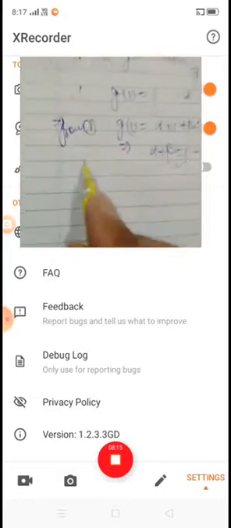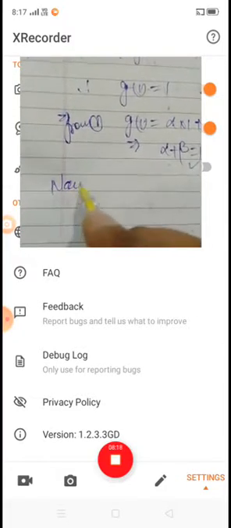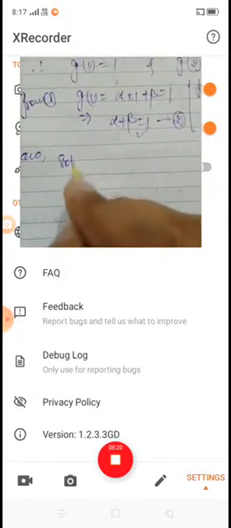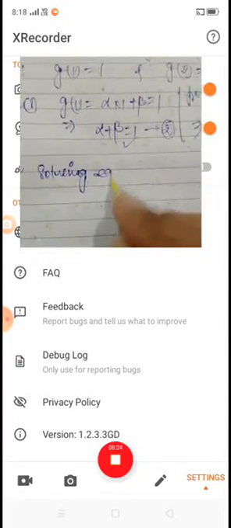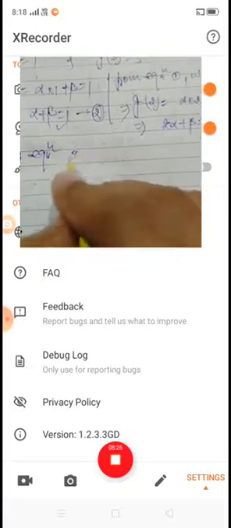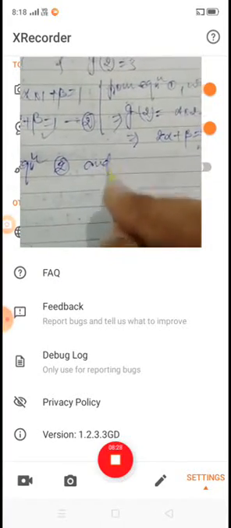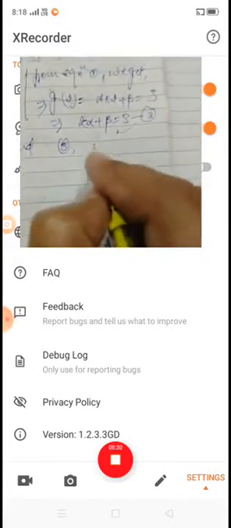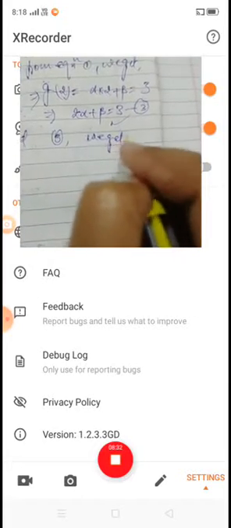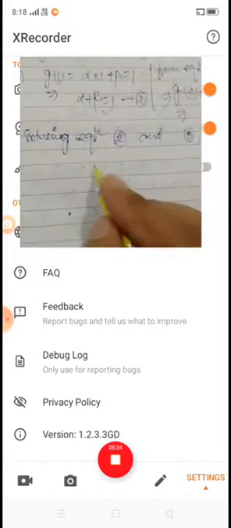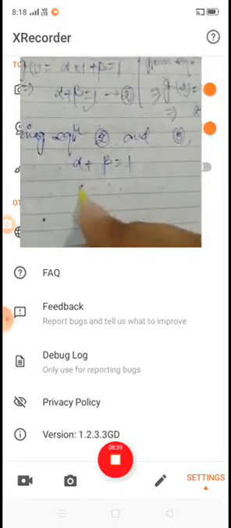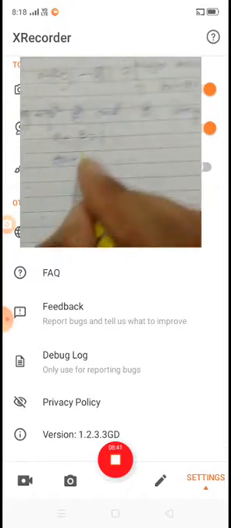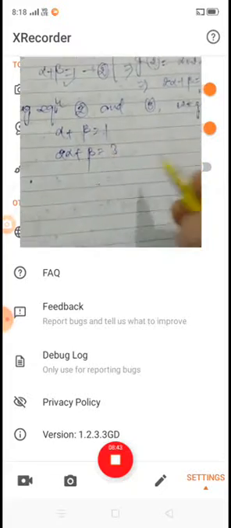Now, solving equations 2 and 3, we get alpha plus beta is equal to 1 and 2 alpha plus beta is equal to 3.